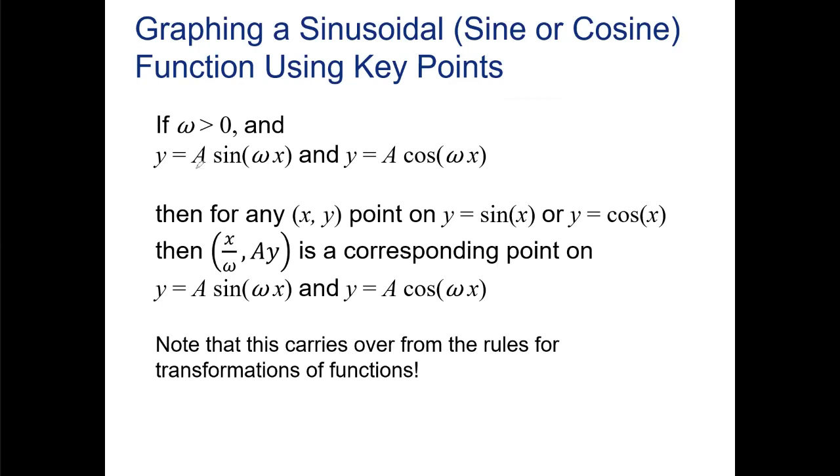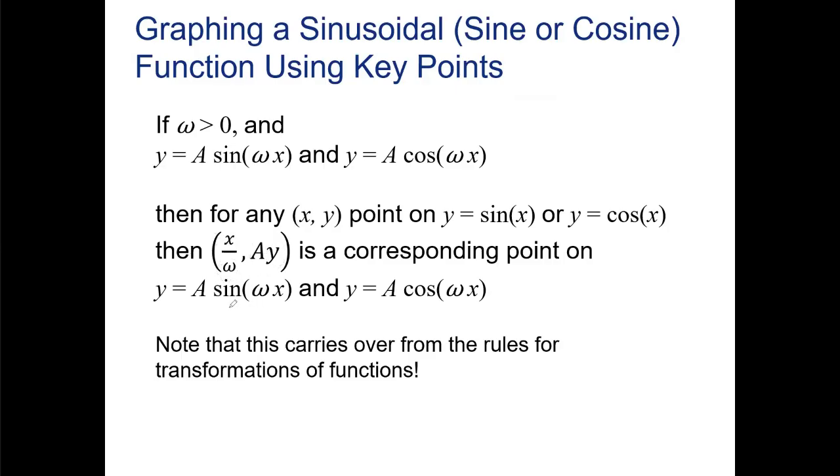Okay, so anytime we recognize this out front and this inside, we're going to take any point that was one of, think about our 5 key points that we started our sine with. We can take each of those 5 key points and then recalculate the coordinates by taking the original x, dividing by the omega, and the original y multiplied by a.